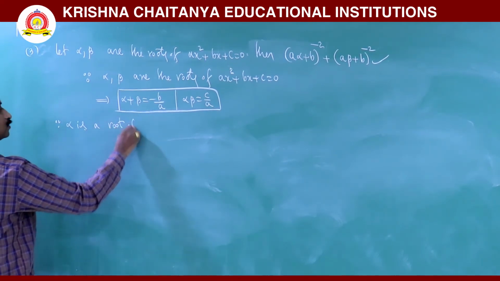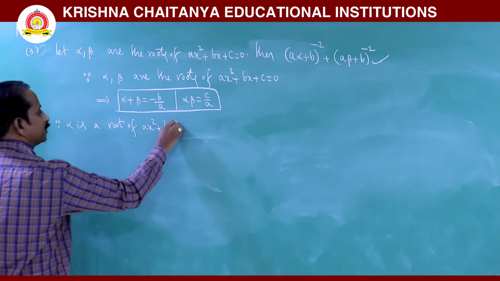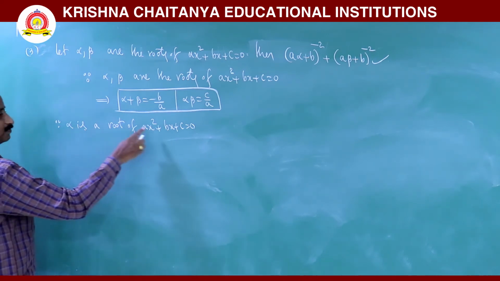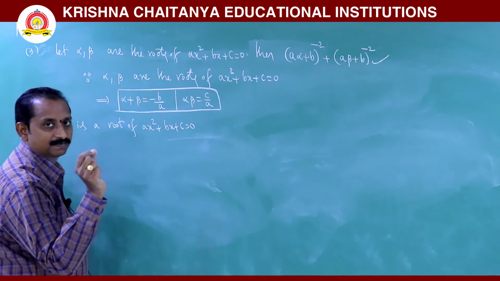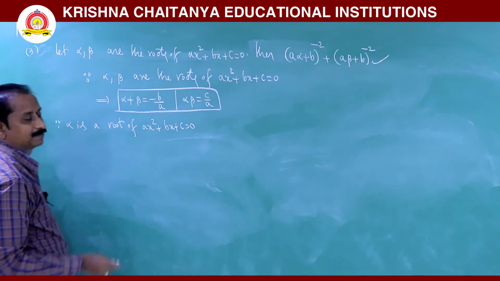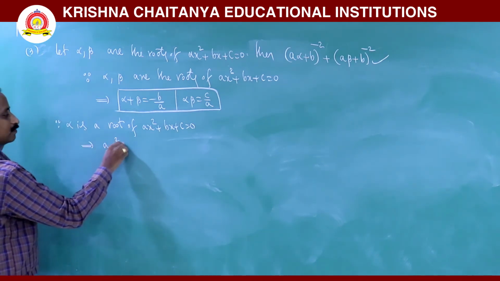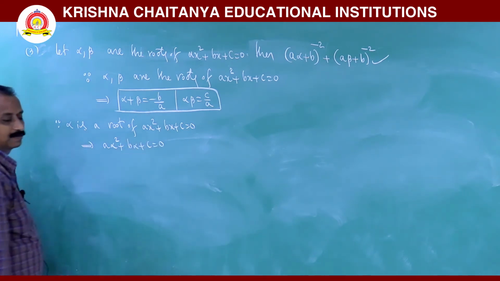of ax square plus bx plus c is equal to 0. Ax square plus bx plus c is equal to 0 means it satisfies this equation. Satisfies means replace x by alpha, and the expression value becomes 0. Now, it means a times alpha square plus b times alpha plus c is equal to 0.